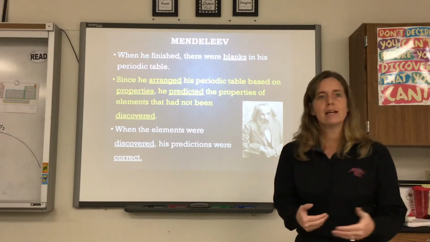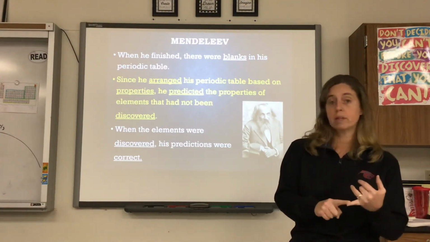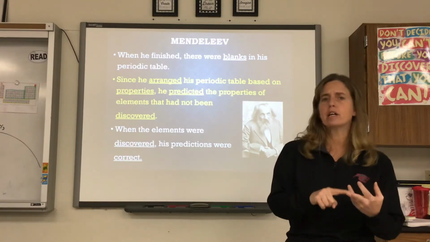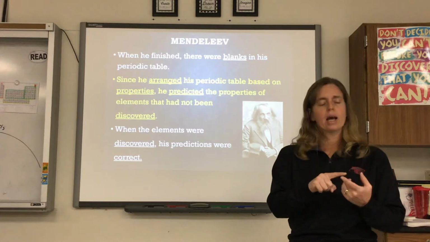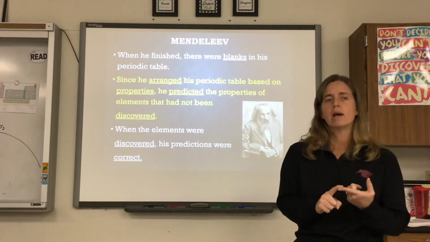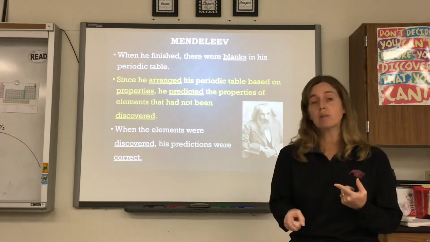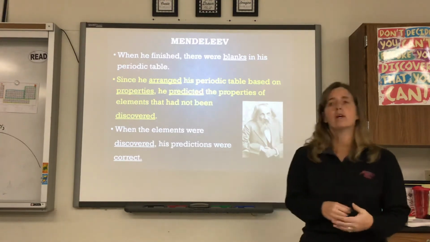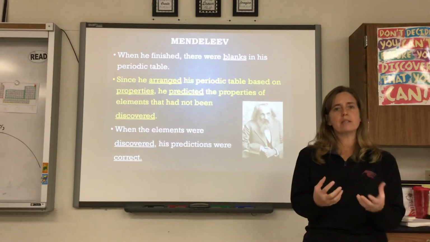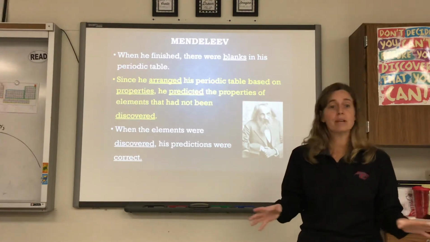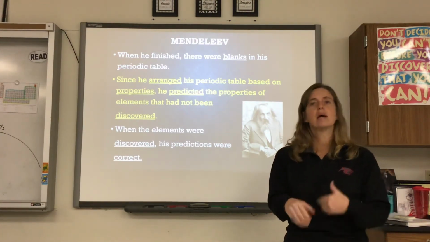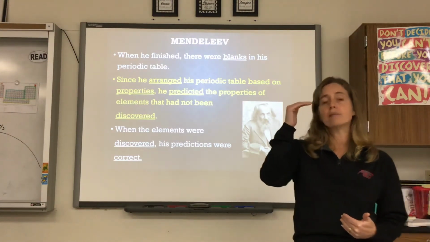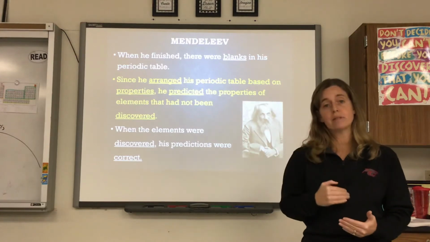And what's fascinating is he predicted what the atomic mass would be. He predicted the melting point. He predicted the color of what it would look like. He was able to predict what elements it would react with, what it would dissolve in, and so on and so on. So all of these characteristics about an element that had never existed at that time, he was able to predict based on the properties of silicon and the properties of tin.